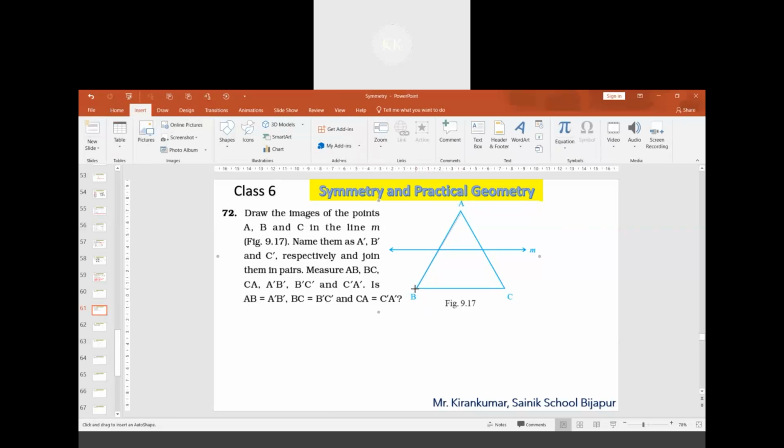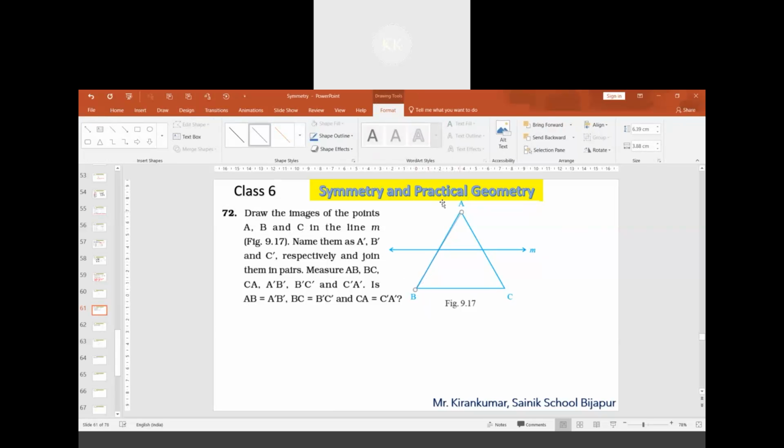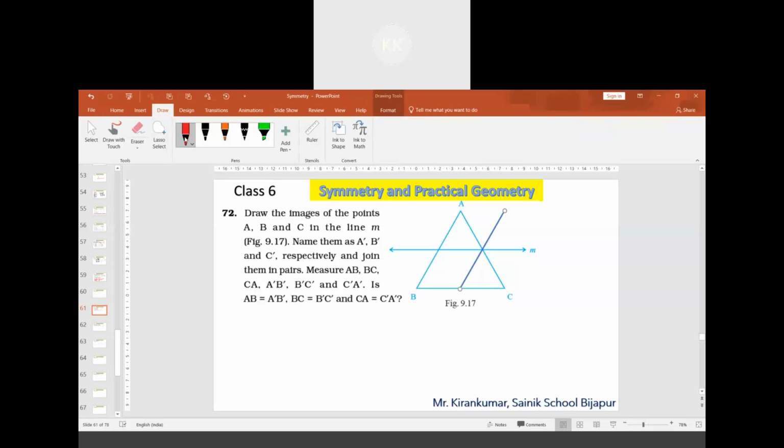I am going to place it on AB. If I am placing it exactly on AB, what does it mean? It is of the same length. It means that this line segment and AB are of the same length. I can bring it here. I am just sliding this here. Let me name it A dash C dash.